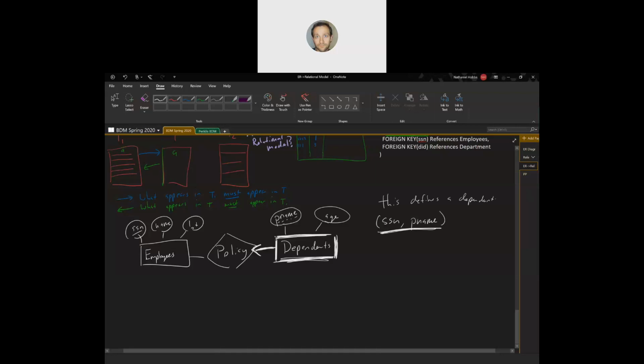That is, the combination defines a dependent, not just the P name.